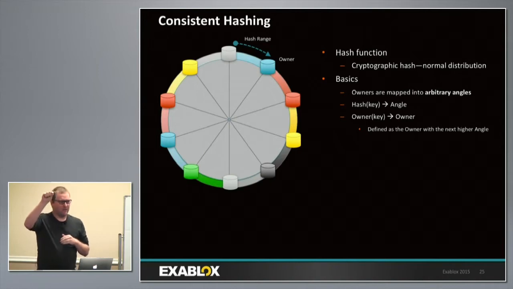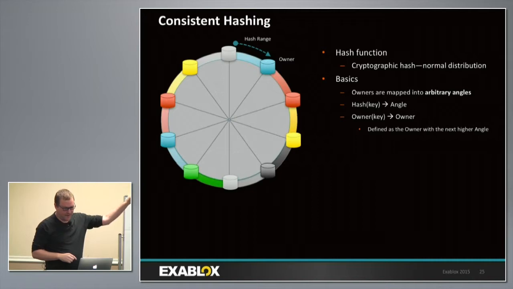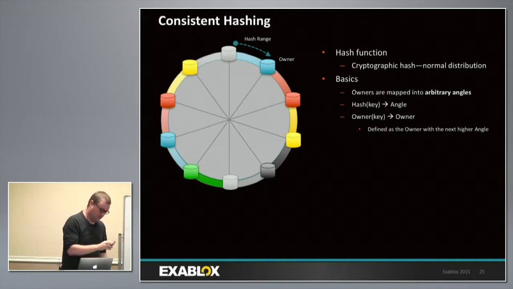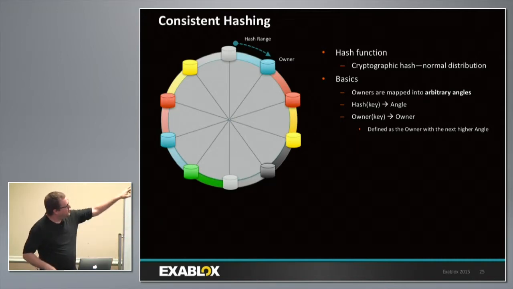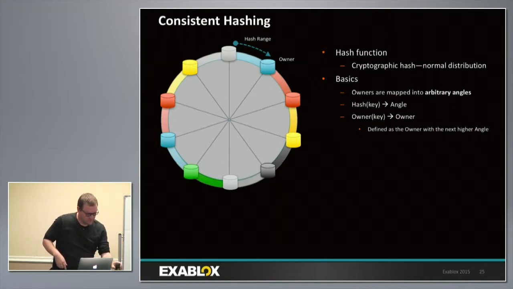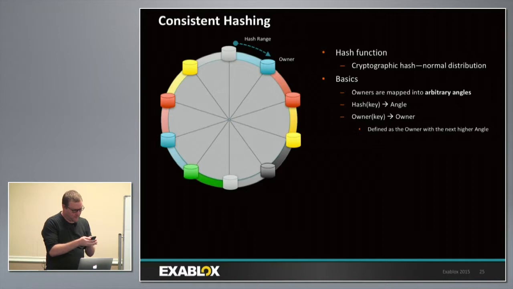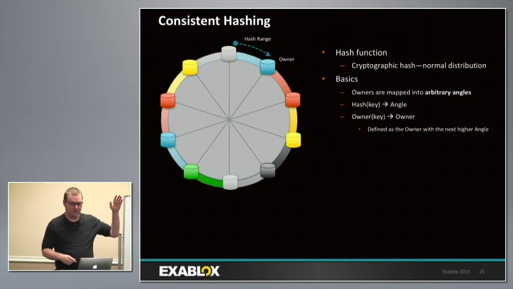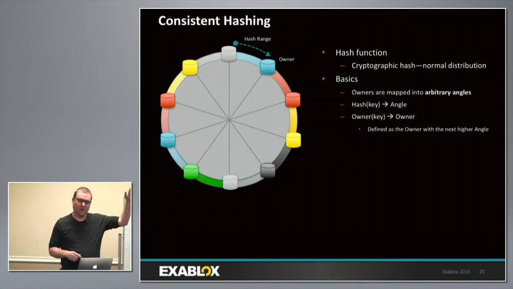Wherever your identifier lands, that's the owner. If you look at the top of the chart, you'll see the hash range is there. If the identifier landed in that range, the owner is the person to the right. That's how you can find your object.